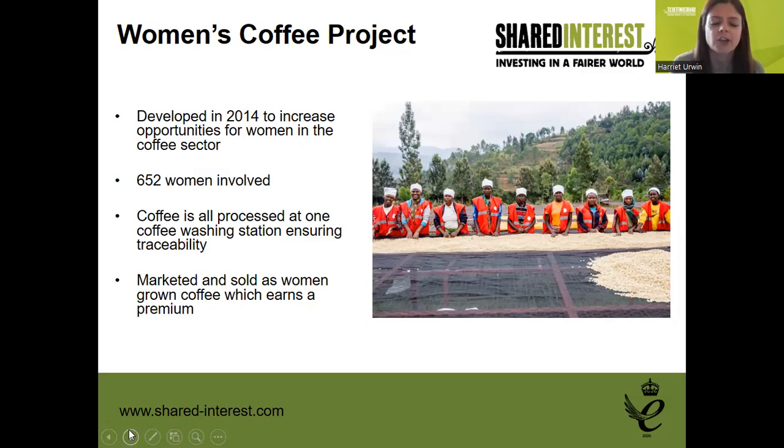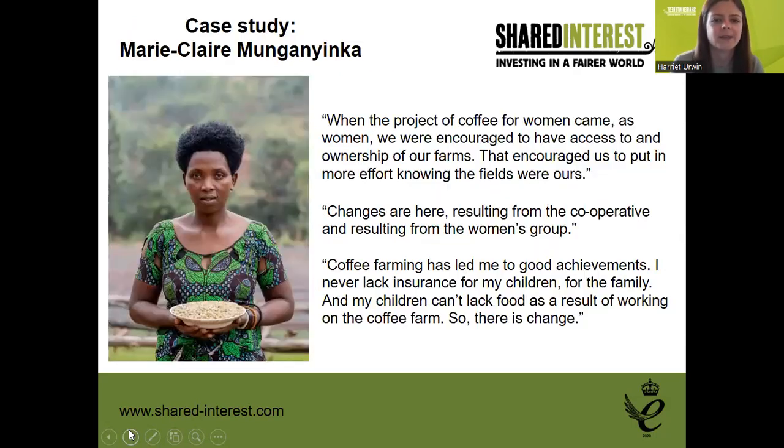The women receive training, inputs and resources to produce coffee. All of the coffee that they produce is processed at the same coffee washing station to ensure traceability. And this means that the coffee is able to be marketed and sold as women-grown coffee, which earns the group an additional premium. Next slide, please.